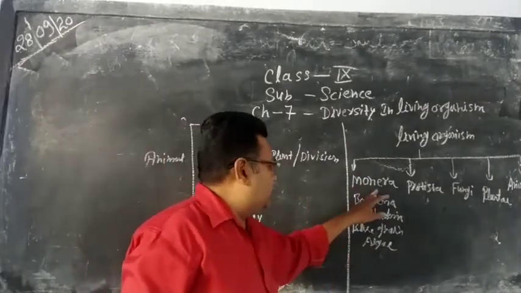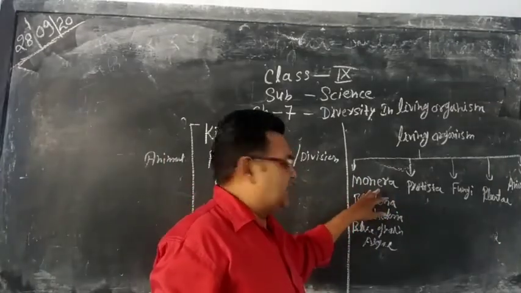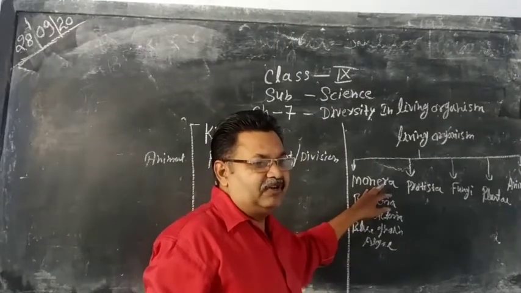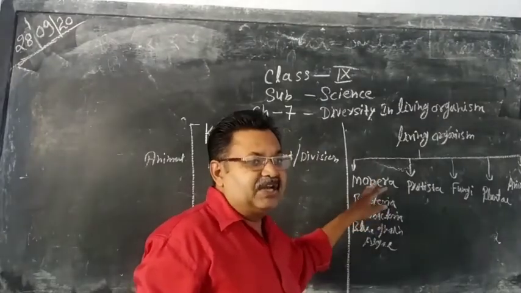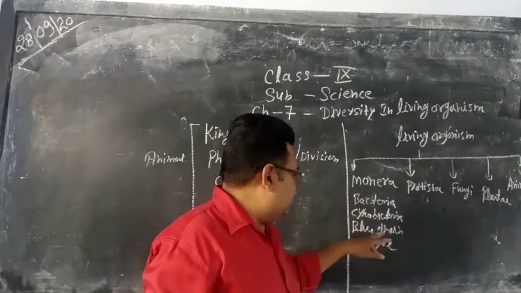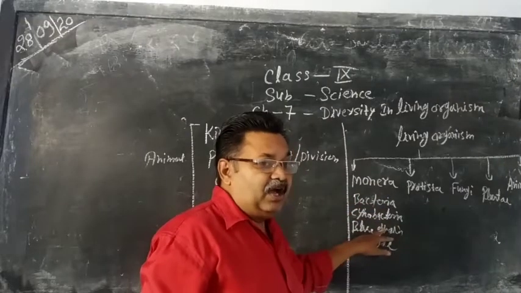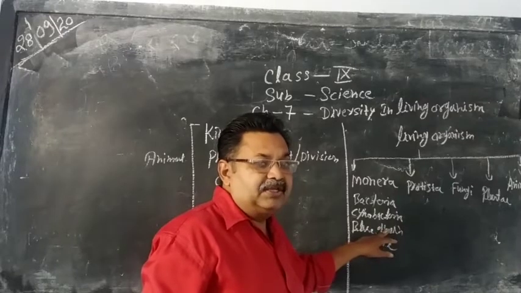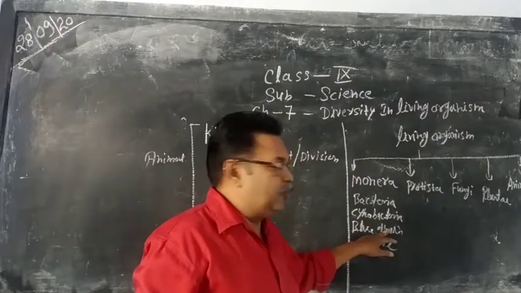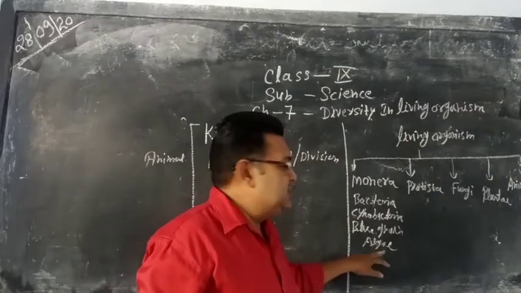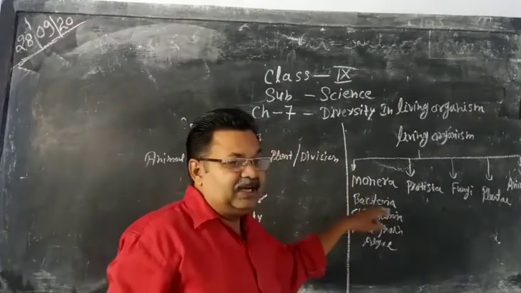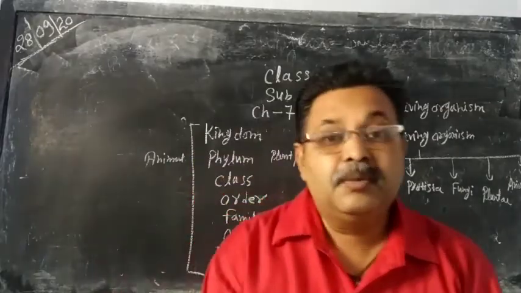They have prokaryotic cells. It means the nucleus of the cell is not well developed. They are autotrophs as well as heterotrophs. Autotroph means blue-green algae prepare their own food with the help of photosynthesis, and algae are also found in water. So these are examples of the group Monera.